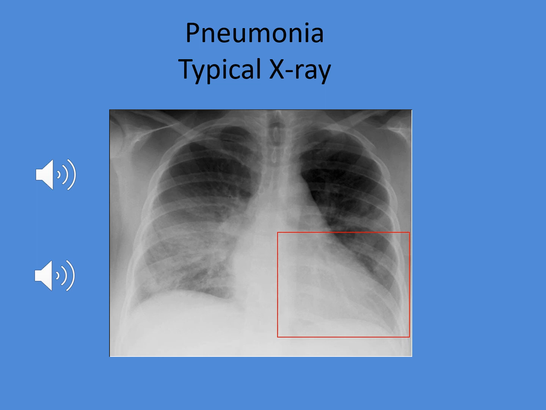Even if they're maintaining their sats in the low to mid 90s, it can also help them with reducing that labored breathing and trying to prevent hypoxemia. So even though maybe they're satting halfway decent, maybe not quite the upper 90s, that oxygenation can help with their labored breathing, so they're not working so hard.